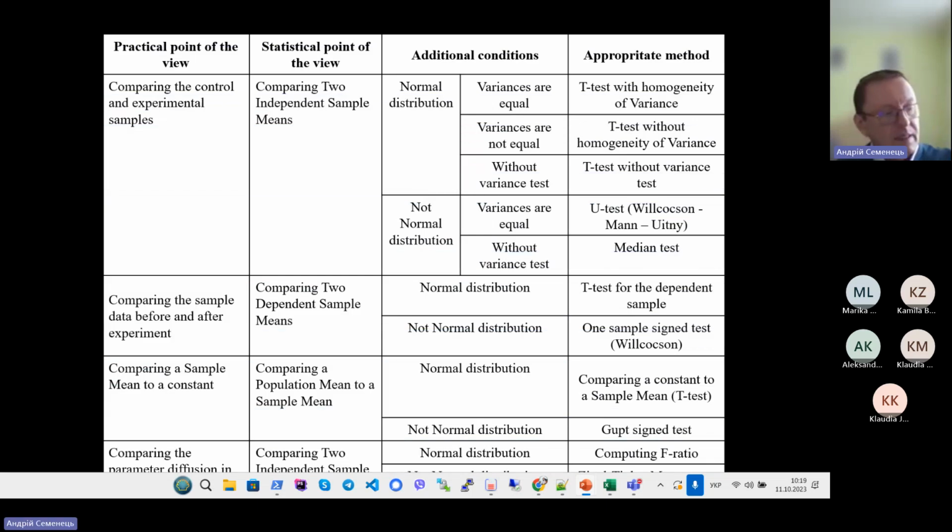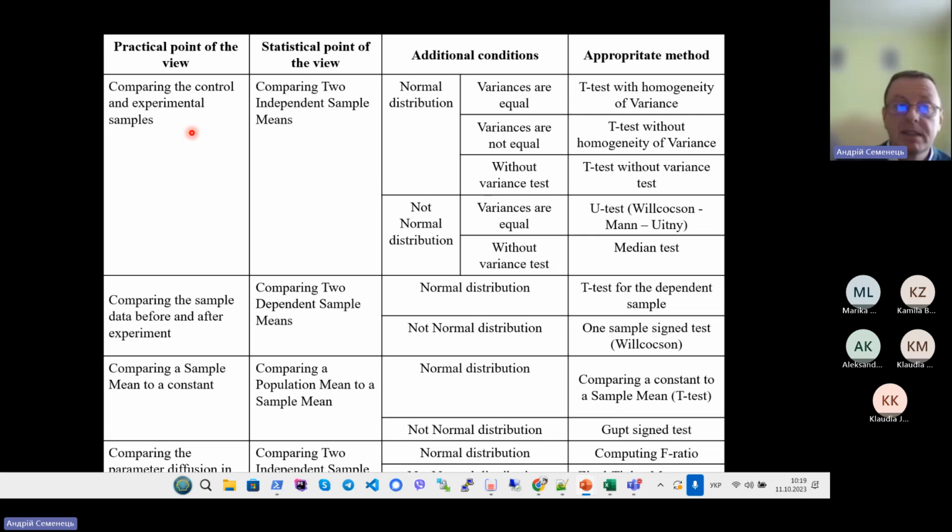Why so complex? It's because we have multiple appropriate methods for hypothesis testing. All these methods are represented by formulas, but usage depends on conditions, on what we want to do.